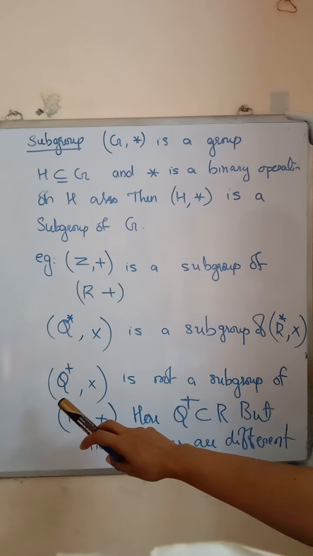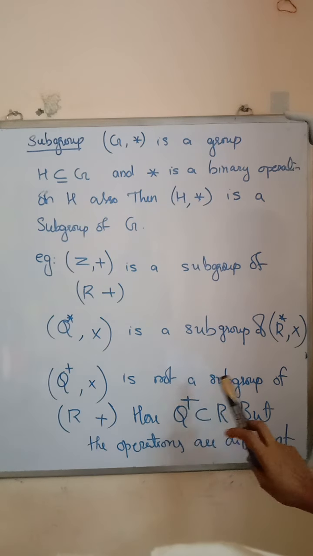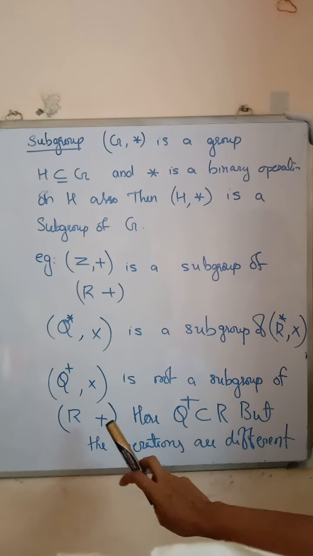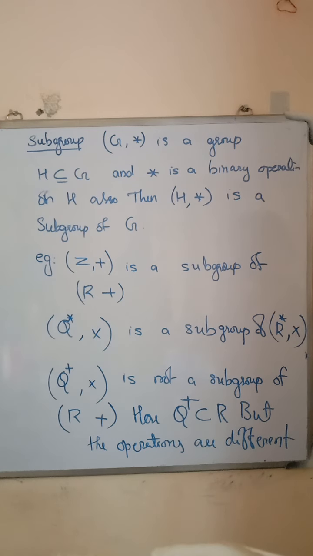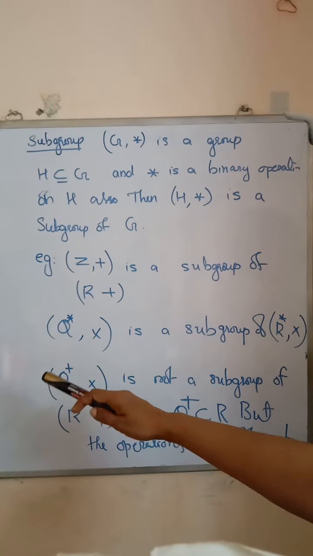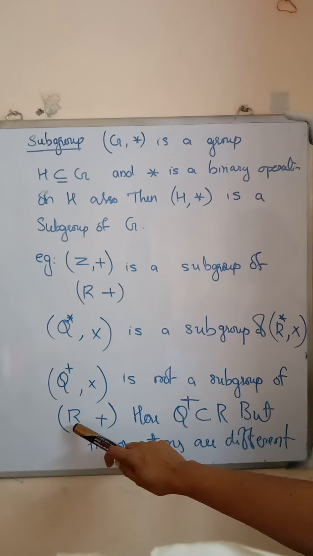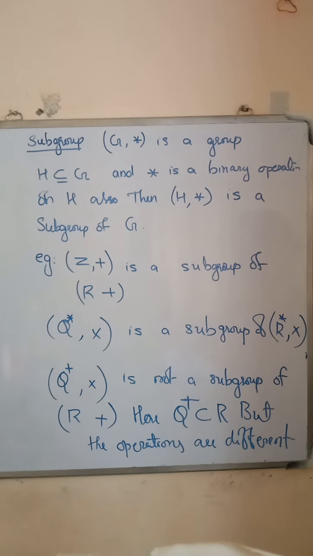Next example, Q plus under multiplication is not a subgroup of R under addition. Here, Q plus means the set of all positive rational numbers, which is a subset of the set of all real numbers.